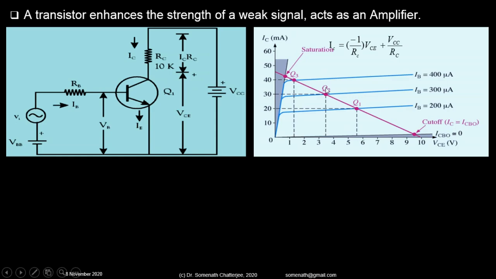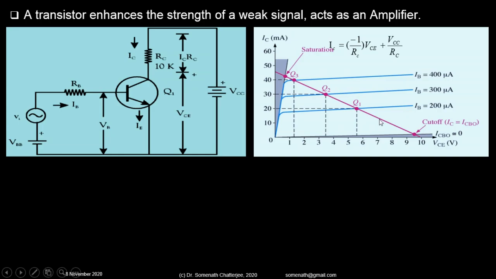You are also familiar with these curves, which we already discussed, the output characteristics of the bipolar junction transistor. There are three distinct regions we discussed already: the cutoff region, the saturation region, and this one called the active region. The active region is our interest.